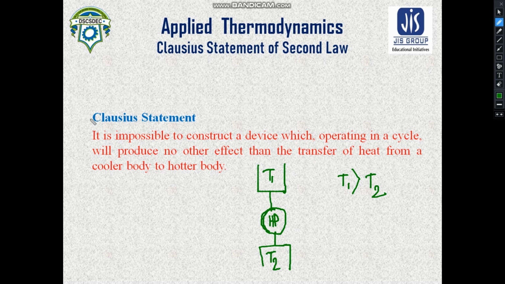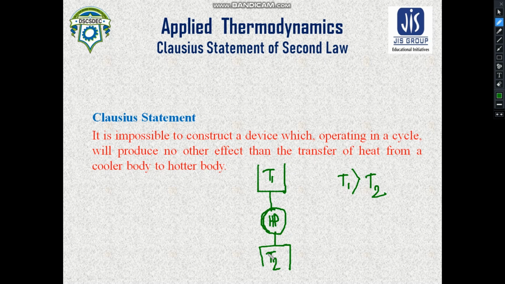But here, regarding this Clausius statement, it is mentioned that it is impossible to construct a device which, operating in a cycle, will produce no other effect than the transfer of heat from a cooler body to a hotter body. That means it is concerned about the transfer of heat from the lower temperature to the higher temperature.